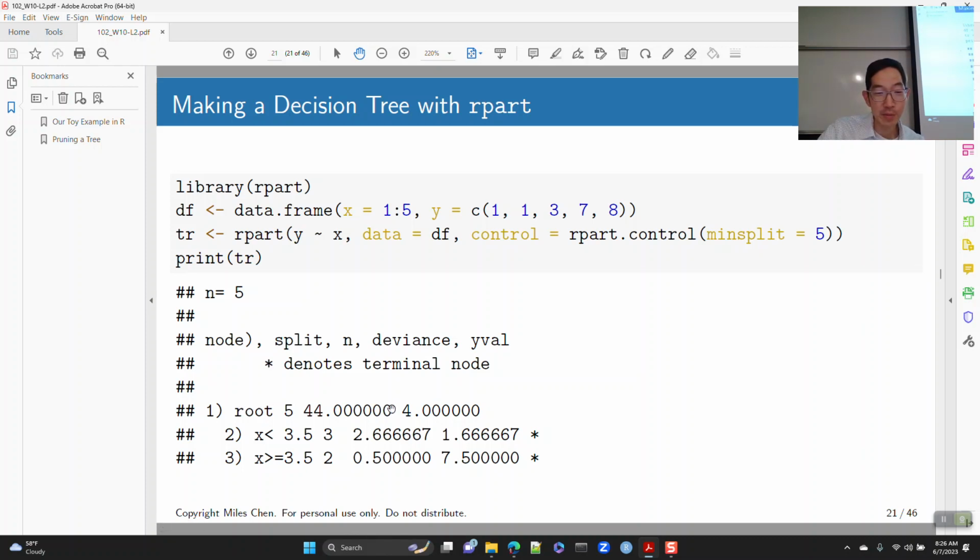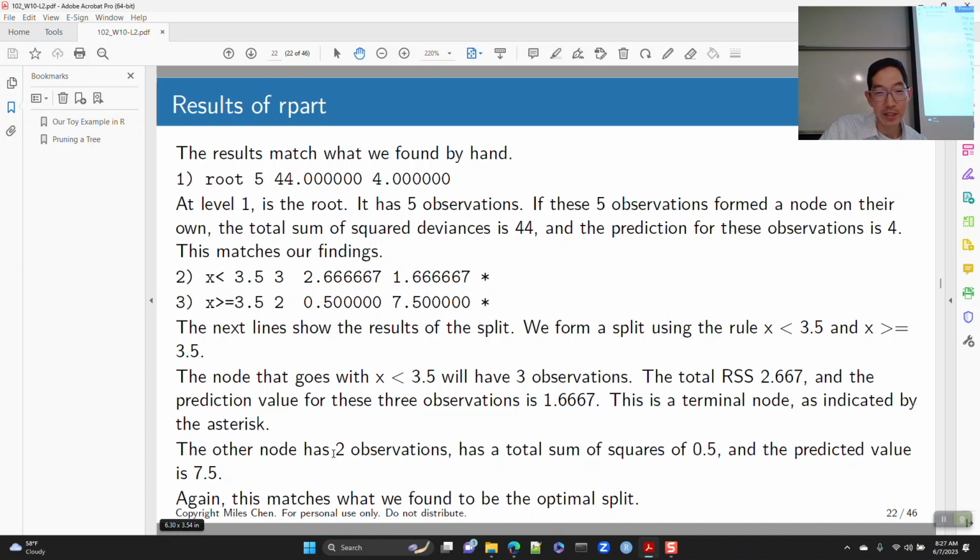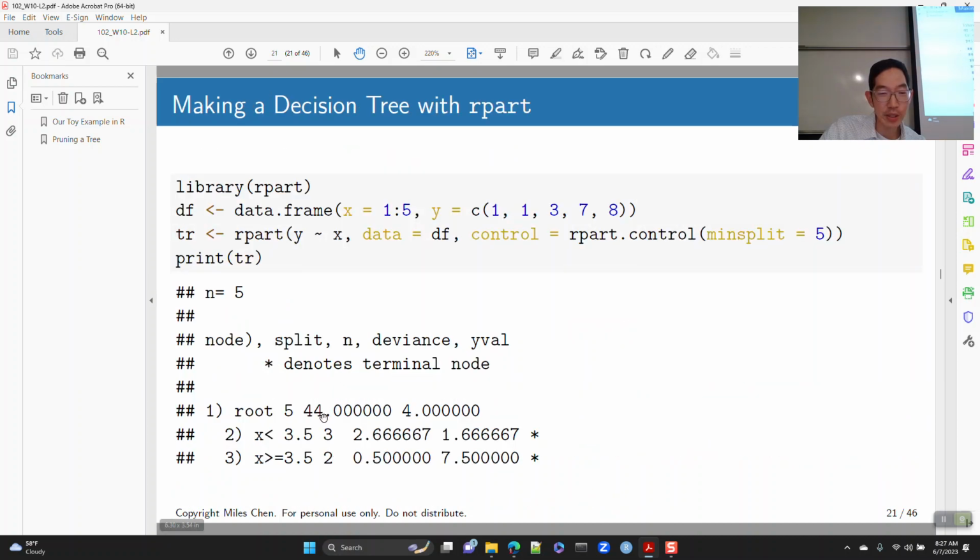And there's other information here that matches the information that we encountered. So the very top line says you had 5 observations that we are going to split, okay? And so here it says you're going to end up with 3 observations on this side and 2 observations on this side.